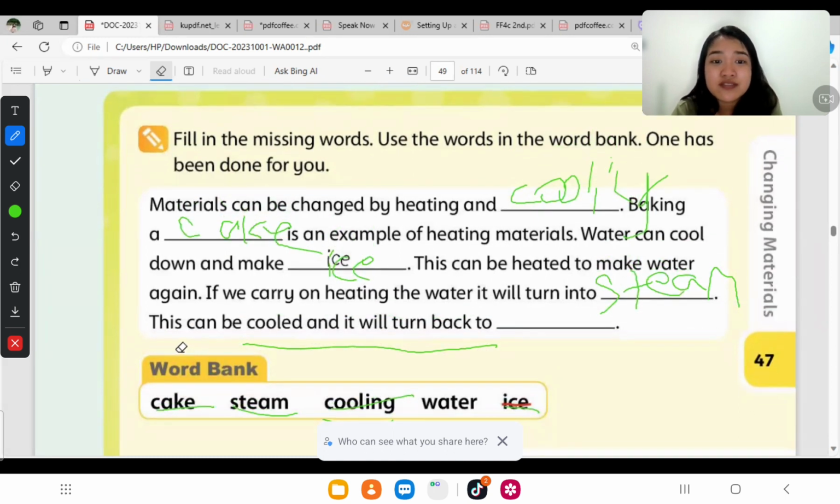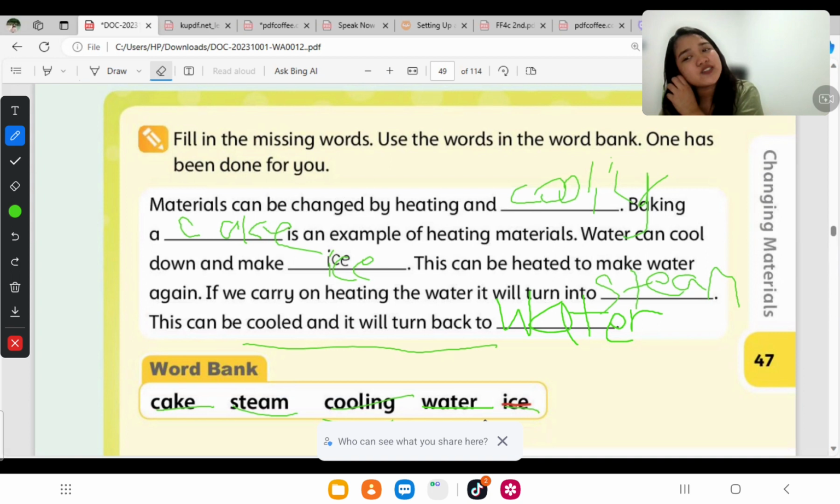This can be cooled and it will turn back to water. Good job. So that's the process of heating and cooling.